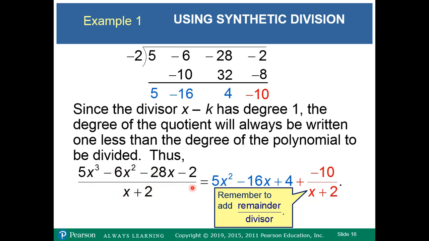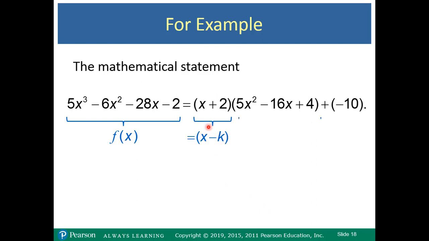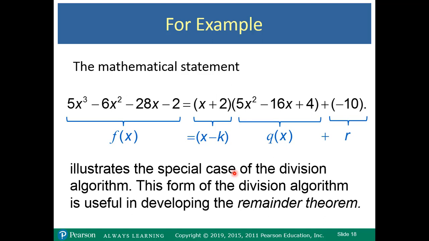So we get f of x is equal to g of x times q plus the remainder, negative 10. This is the mathematical statement that illustrates the special case: f of x is equal to g of x times q of x plus r of x.